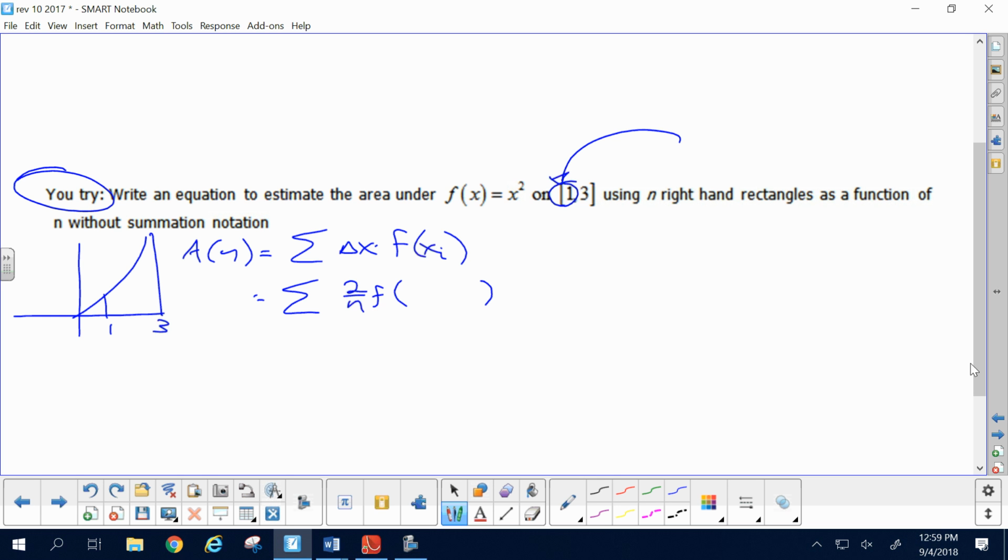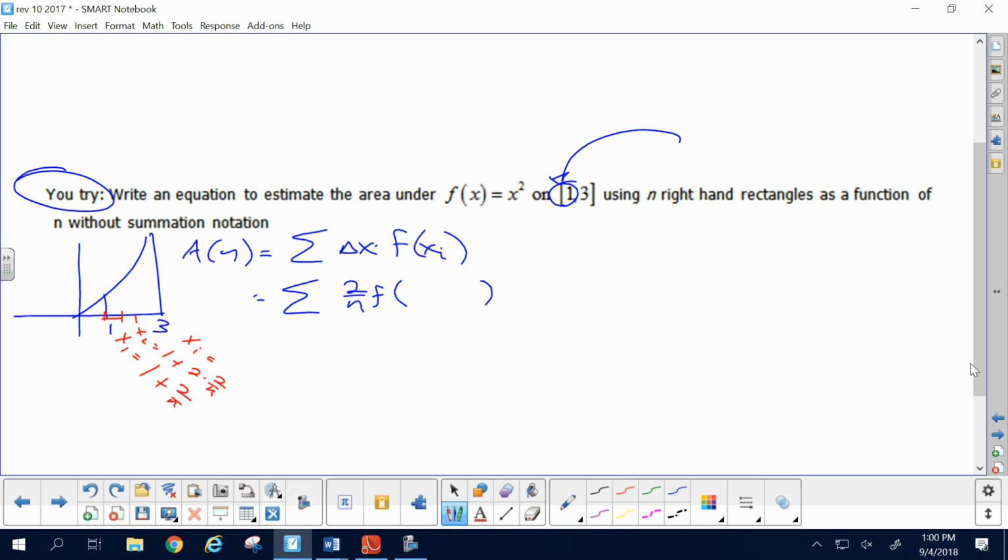Now, if I'm using right-hand rectangles, then I'm going to start at 1 and go over a delta x, meaning my first x is not just 2 over n, but 1 plus 2 over n. And my second x is to start at 1 and go 2 delta x's over. So what is x sub i generally?